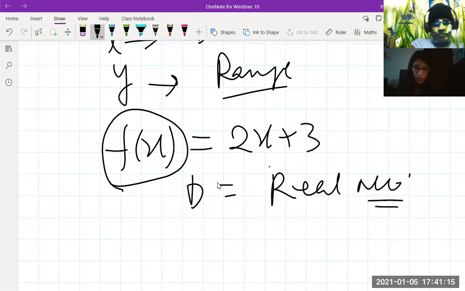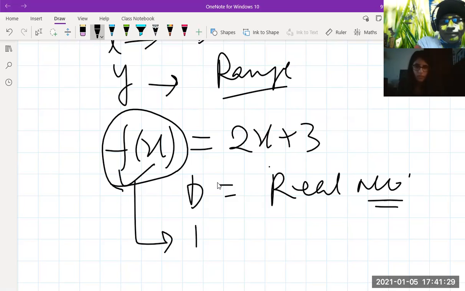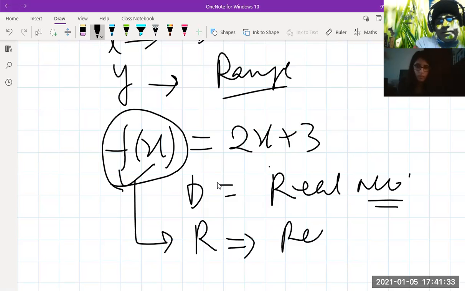So f(x) is dependent on the value of x. So the value of the function is what? Range. And the range will again be the real numbers, because in this function, whatever value of x you take, you will get the corresponding value of y.